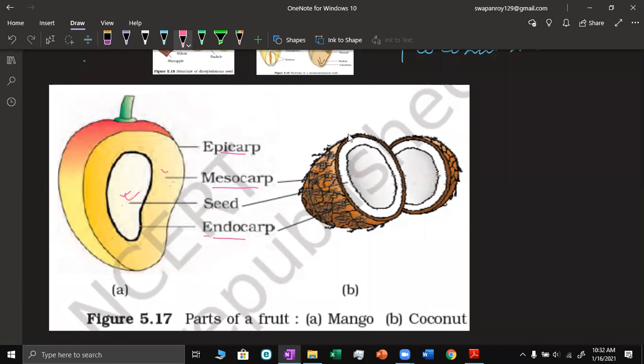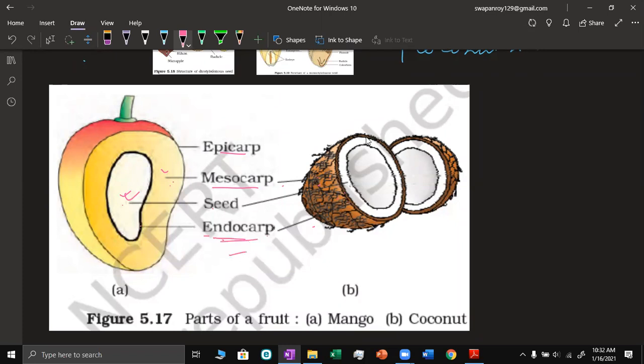But in case of coconut, this is of course after peeling. Here the mesocarp, that some fibers, thread-like things shown, that is the mesocarp. And this hard shell is the endocarp.